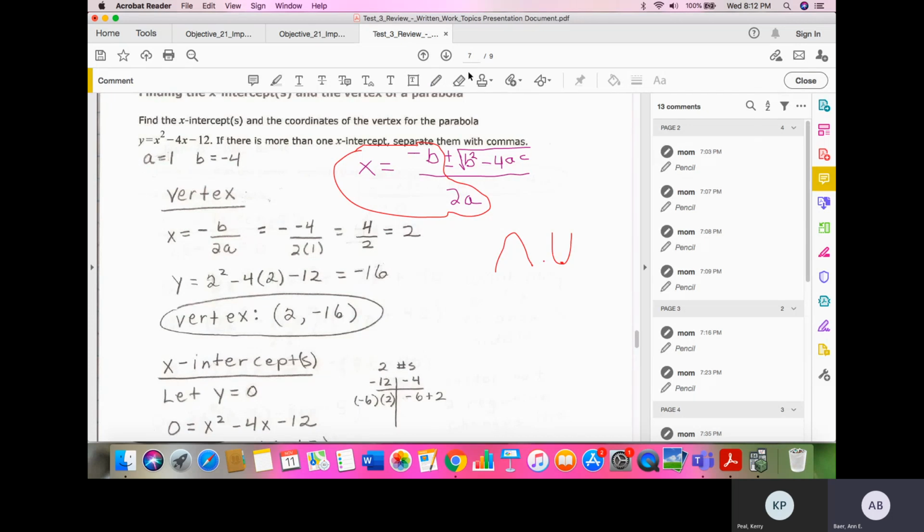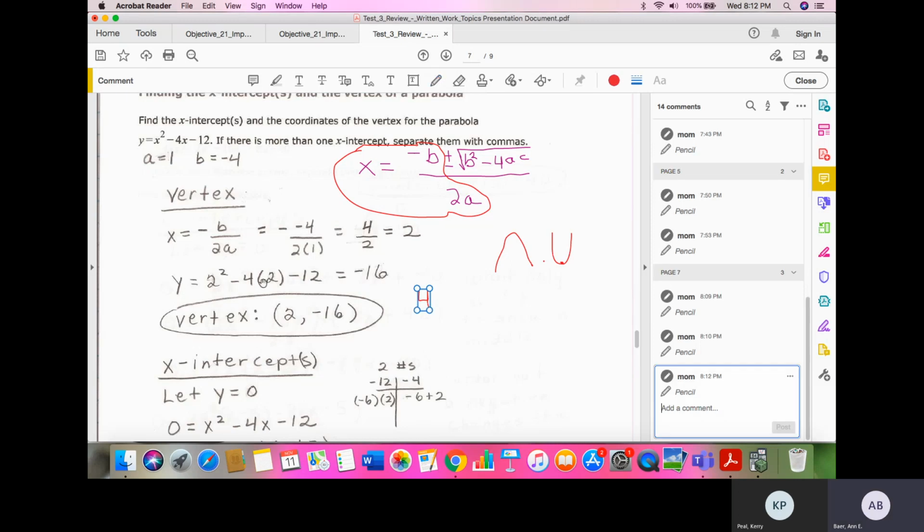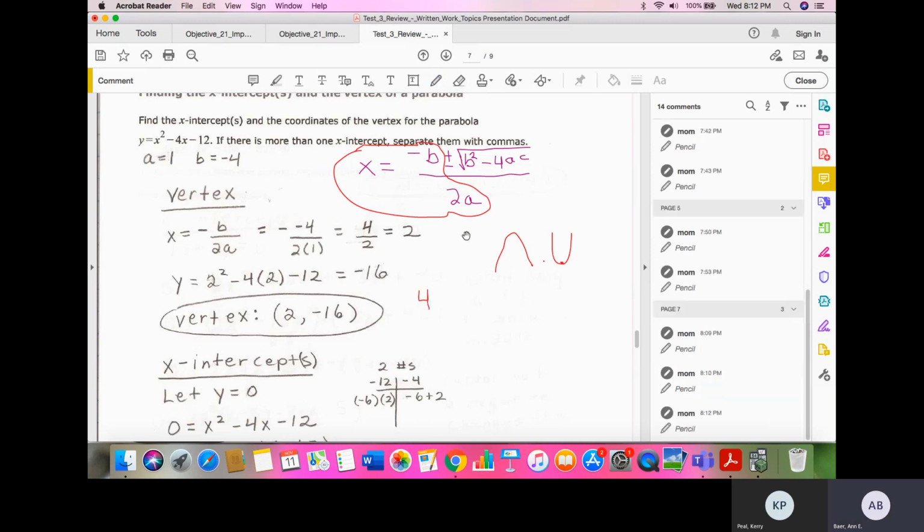Let's get us a little scratch area. 2 squared is 4. Minus 4 times 2, that's minus 8. And then we have minus 12. So what do we get?